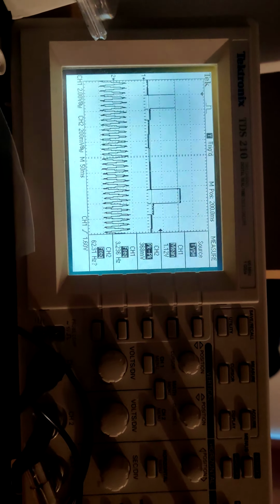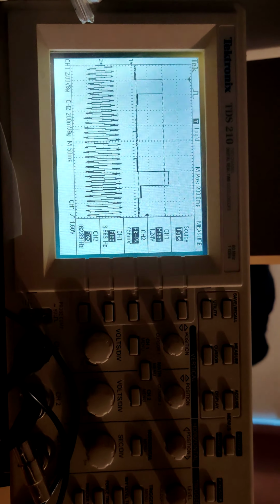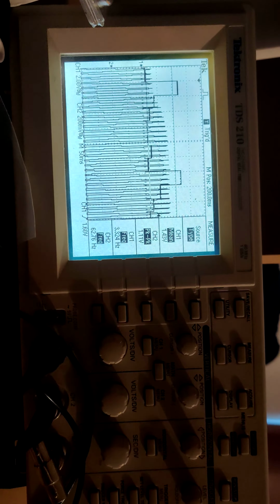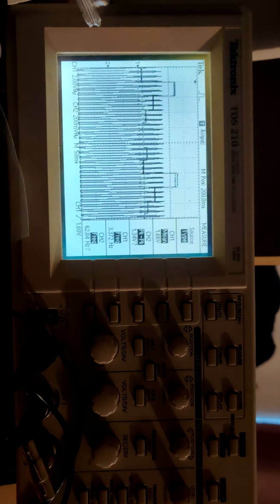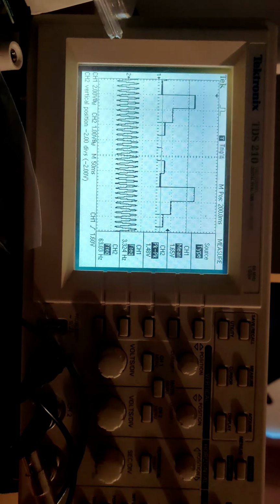And to show you how messed up it was, I'm gradually increasing the volume. As you can see, it's 200 millivolts per division. Let me just increase that so we can still see our signal.